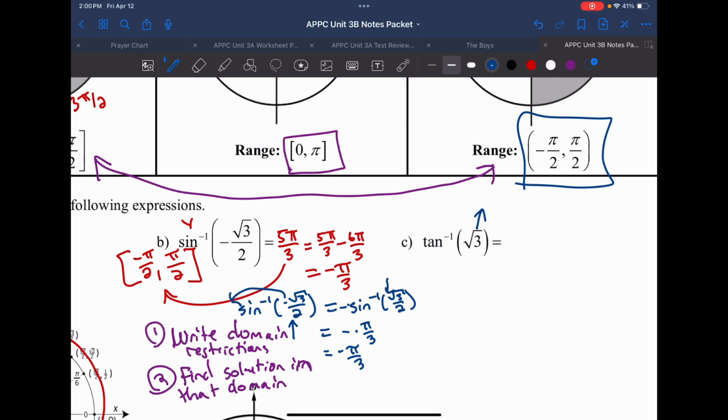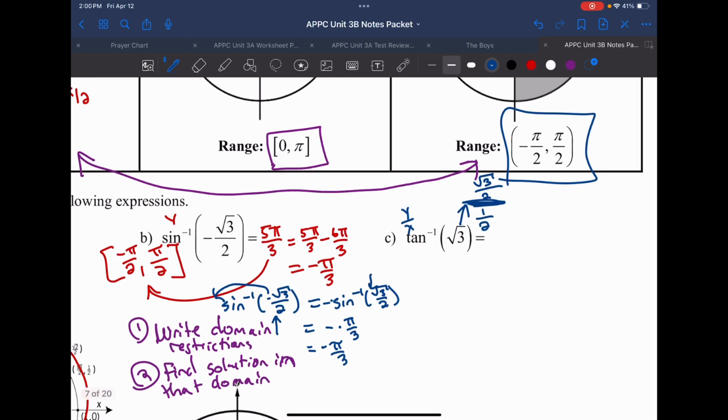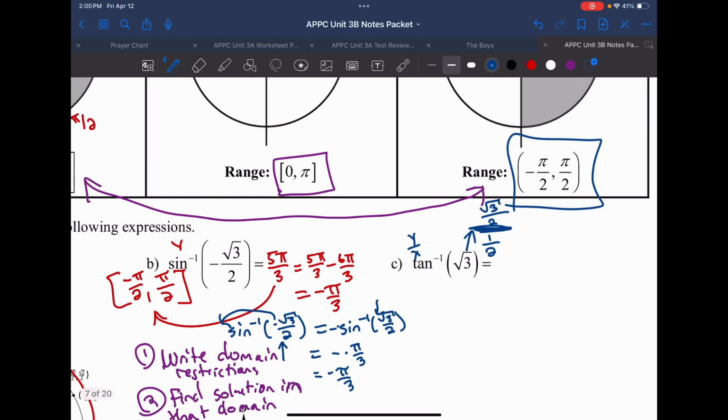I'm thinking something has to divide to this, because remember, tan is y over x, right? Tan is y over x. So what divided by what gives me the square root of 3? So if I have the square root of 3, I'm looking for square root of 3 over 2 divided by 1/2. And I'll give you another couple that might be helpful to have.